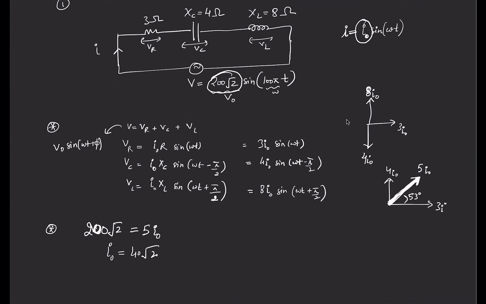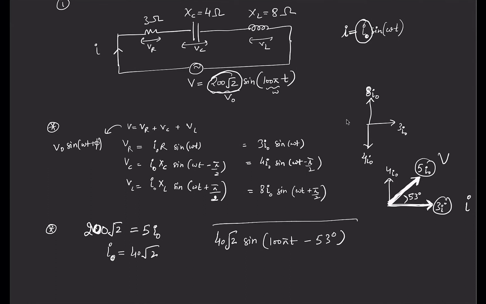Next, we note the angle between V and I. V is leading I by an angle of 53 degrees, means I is lagging V by 53 degrees. So from V's angle we subtract 53 degrees to get I's angle, and I's peak value is 40 root 2. So that's our instantaneous current.